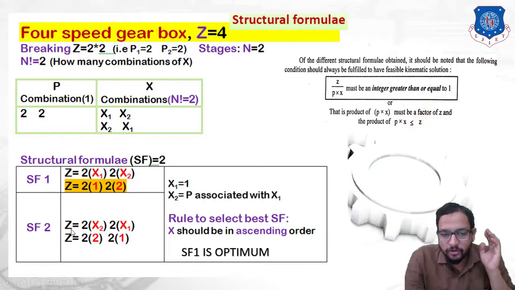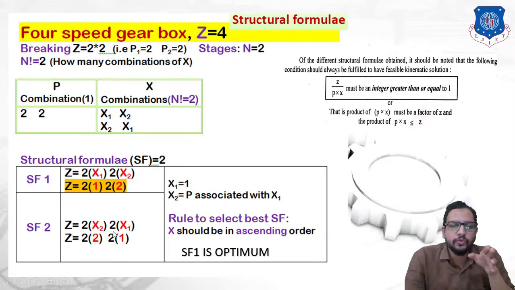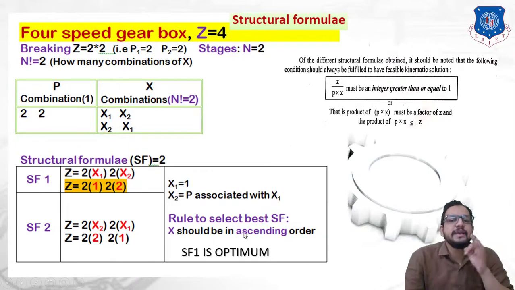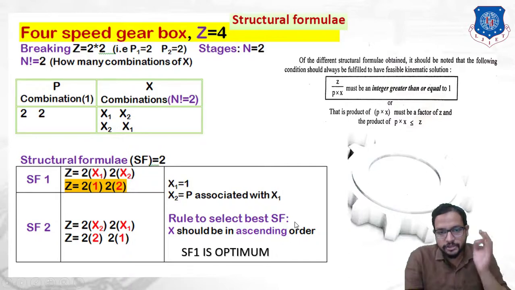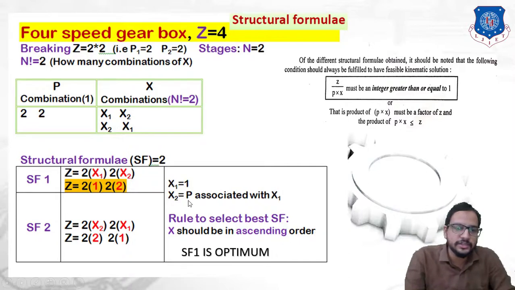Now we also always take x1 is equal to 1, so x2 will be equal to 2 again, and the equation will become Z is equal to 2 in a bracket 2 into 2 in a bracket 1. The rule to select the best structural formula is that x should be in ascending order. Remember, x should be in ascending order, which it follows in the first case. You can see the values of x1 and x2 are in increasing order: first is 1, second is 2.